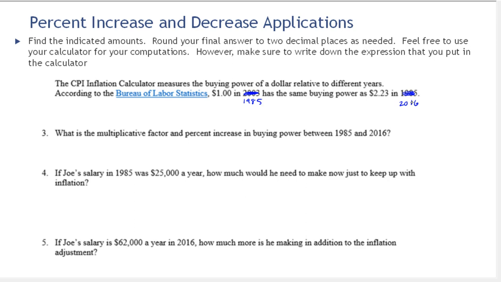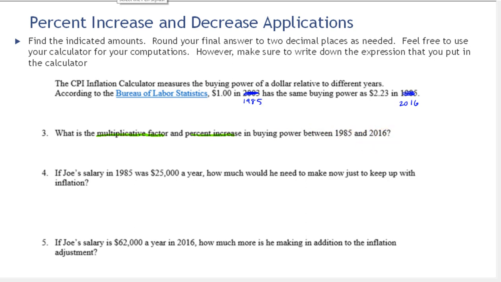Okay, so that means something that would cost you $1 in 1985 would cost you $2.23 in 2016, the same item. So we're asked, what is the multiplicative factor and the percent increase in buying power between 1985 and 2016?